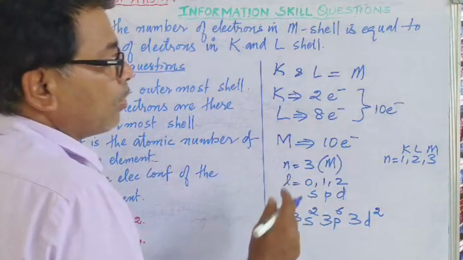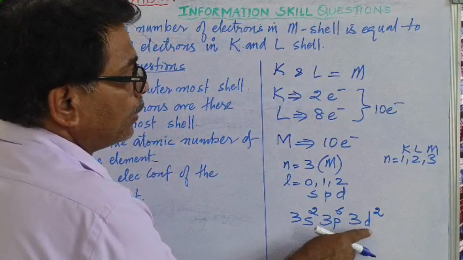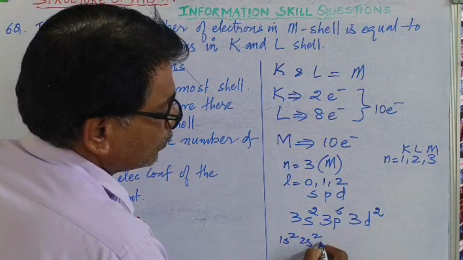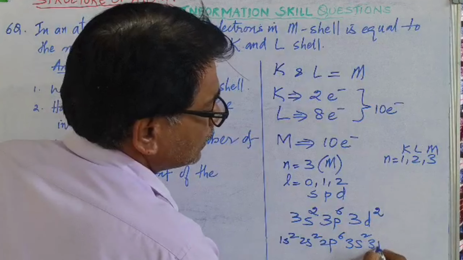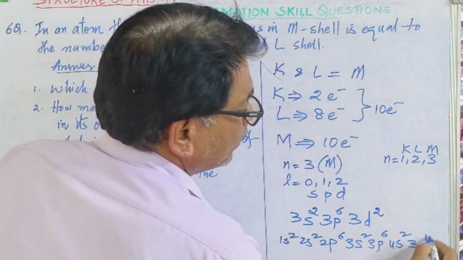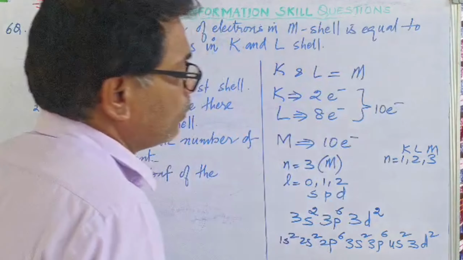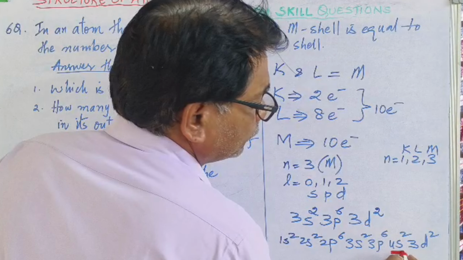Now let us write the electronic configuration such that we get 3d2. Therefore, 1s2, 2s2, 2p6, 3s2, 3p6, 4s2, 3d2. In order to get 3d2, we got 4s2 extra.